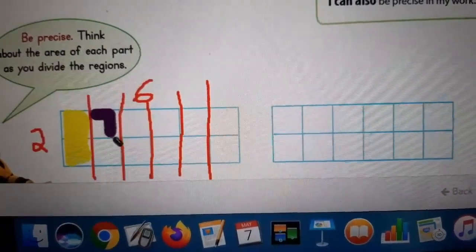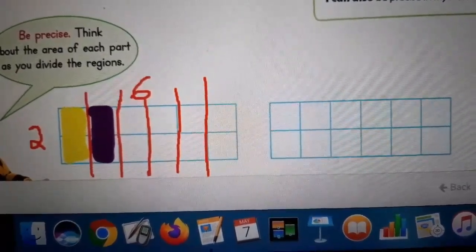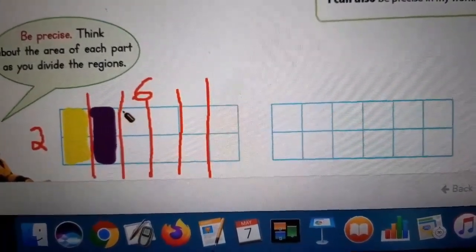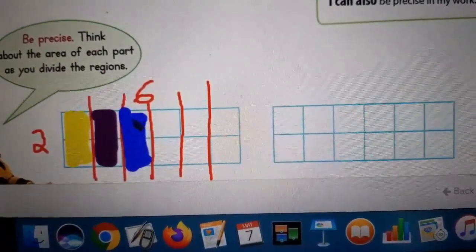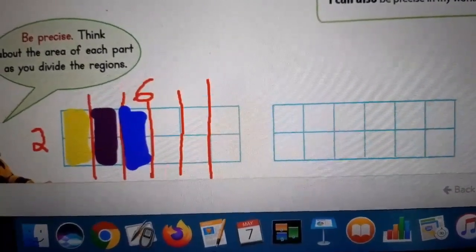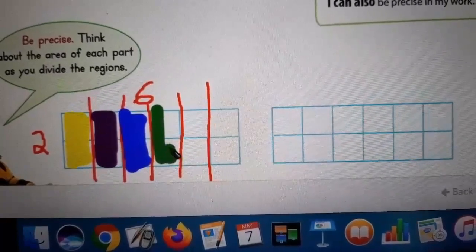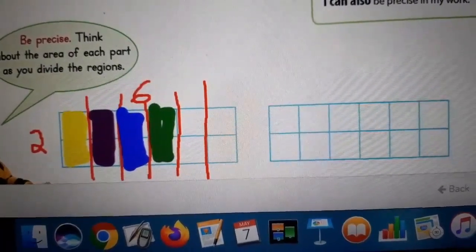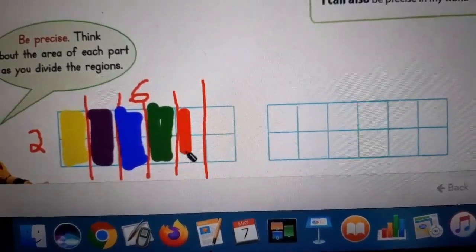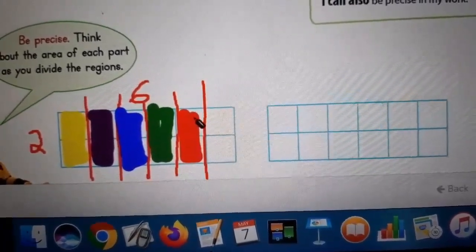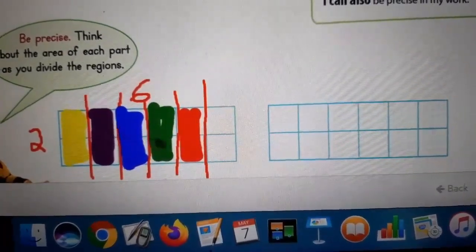This would be 2. This would be 3. This would be 4. This would be 5. And this would be 6.